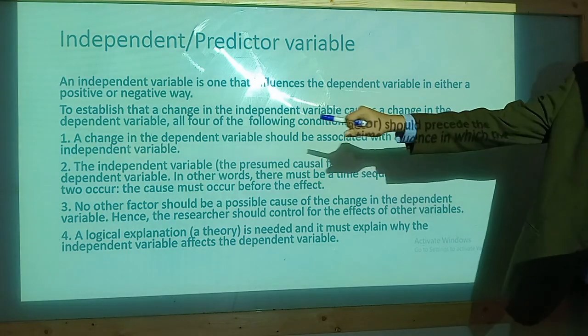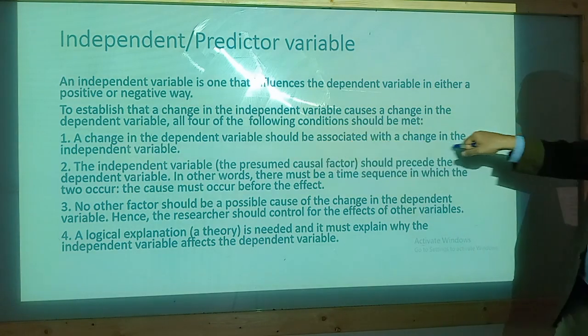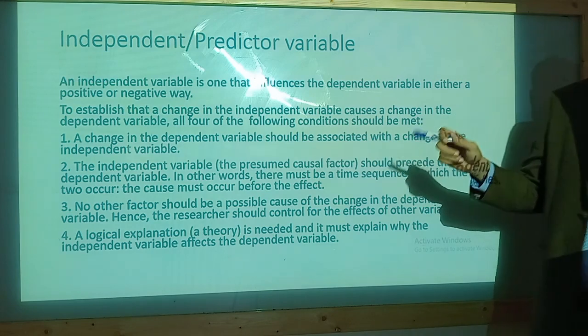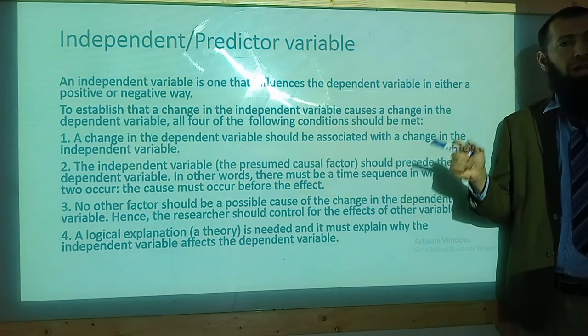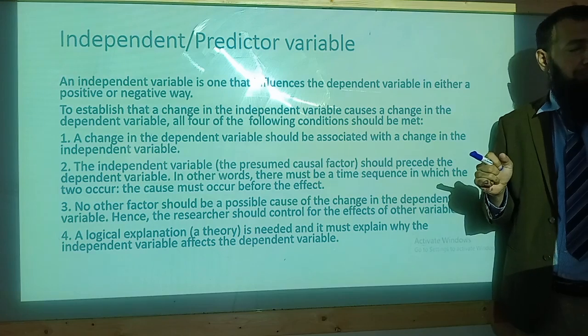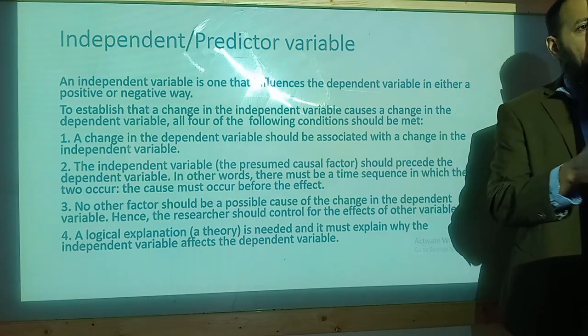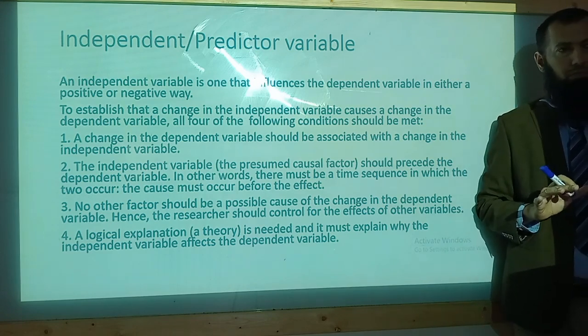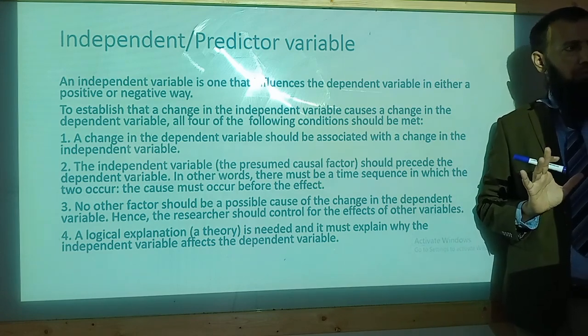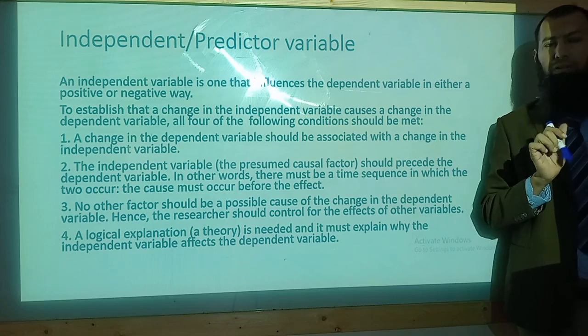You see, a change in the dependent variable should be associated with a change in the independent variable. So there is no change in the dependent variable until the independent variable changes. Why? Because there is a true relationship.